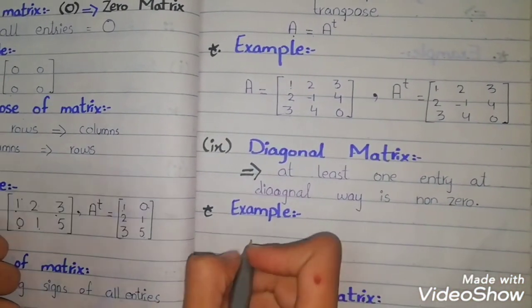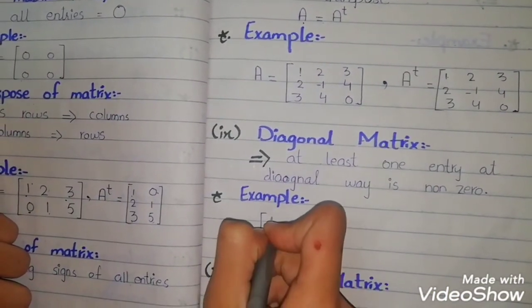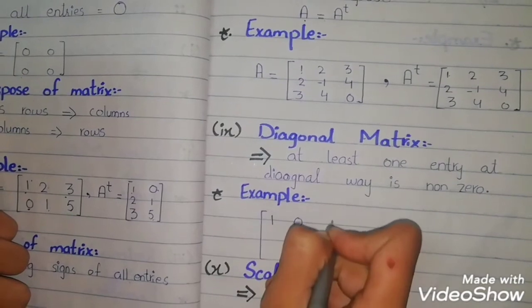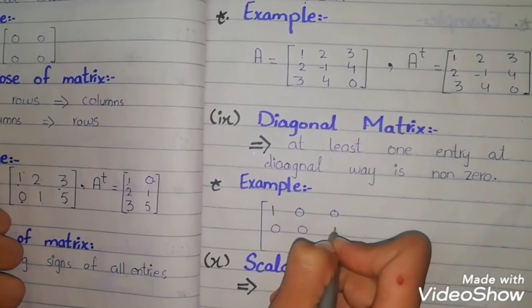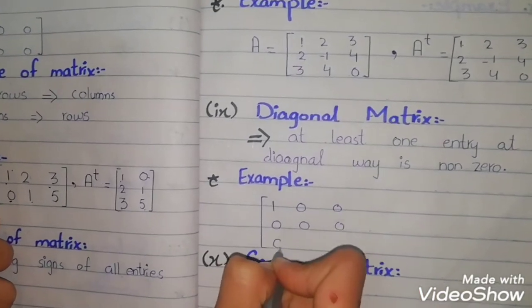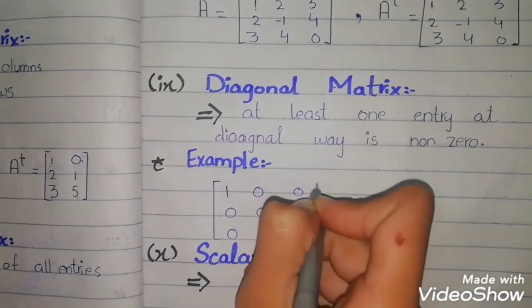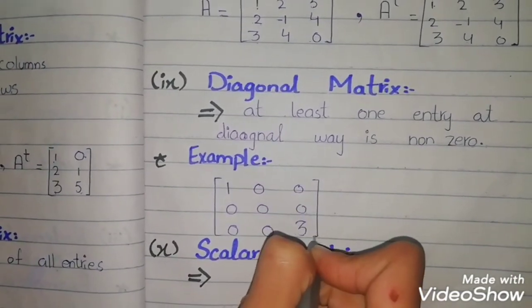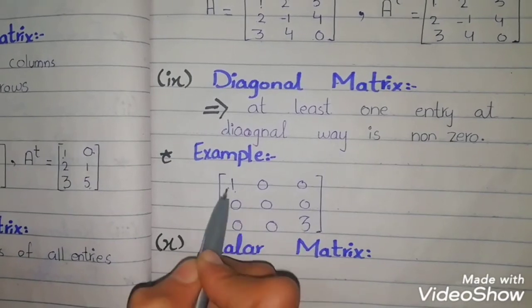For example, [1, 0, 0; 0, 0, 0; 0, 0, 3]. In this, there are two non-zero entries on the diagonal way.